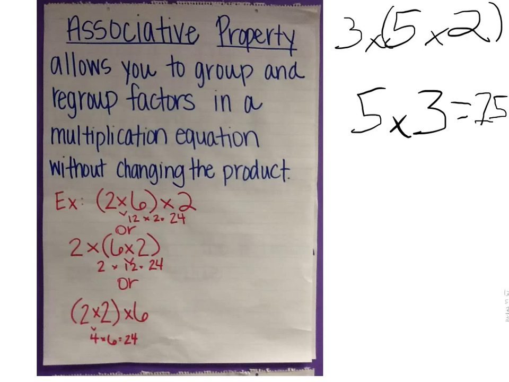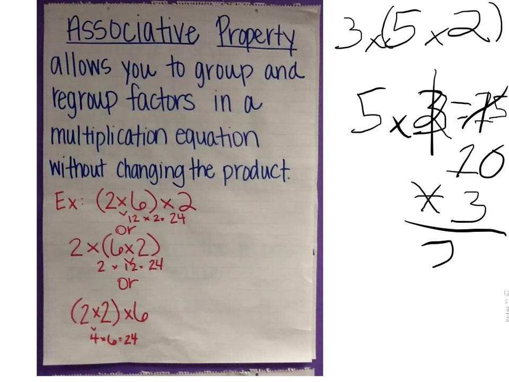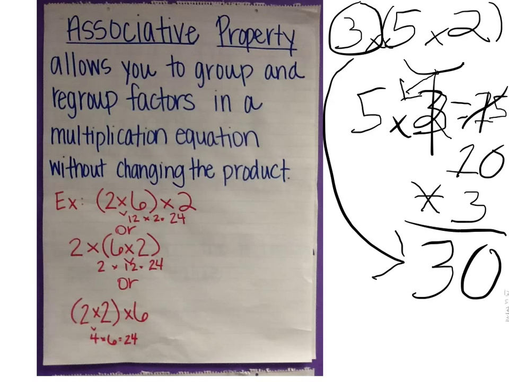And then 5 times 2 is equal to 10. And so we have to do 10 3 times. So we know that 10 times 3 is equal to 30. So we just did 5 times 2 right there, and we did times 3 right there.